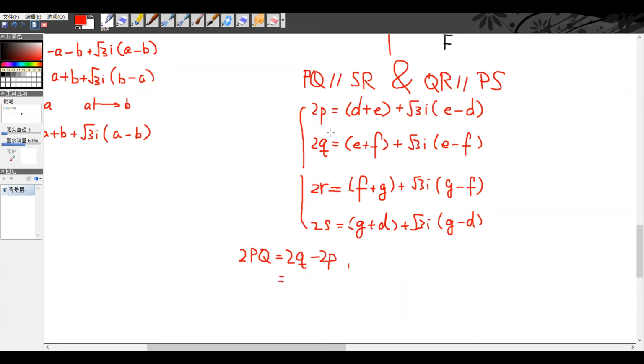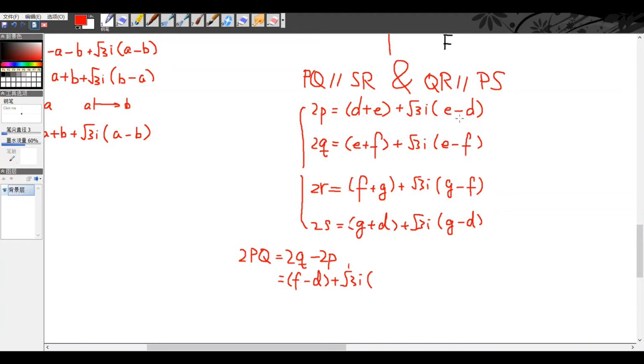And 2Q minus 2P, if you calculate that, those E terms are eliminated, so we have F minus D plus the square root of 3 times i.